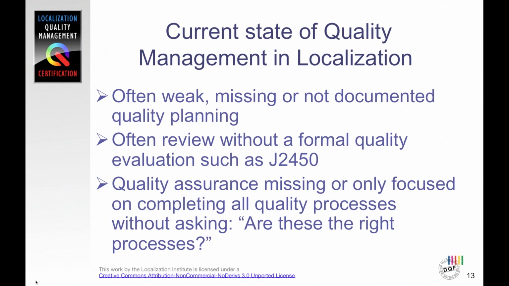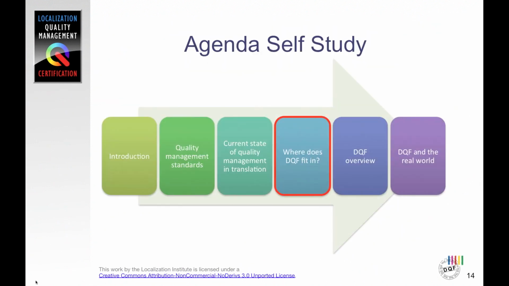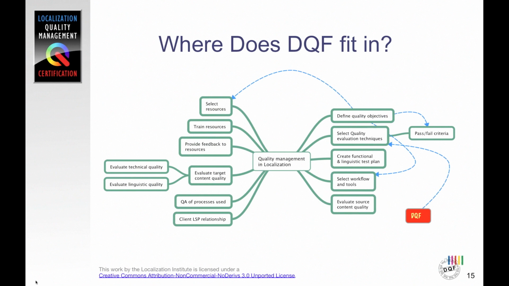Quality assurance is an auditing function where you look at, am I really following all the processes I had set out to do, and are these really the right processes for this particular project? Then finally, we move into where does the dynamic quality framework fit in?